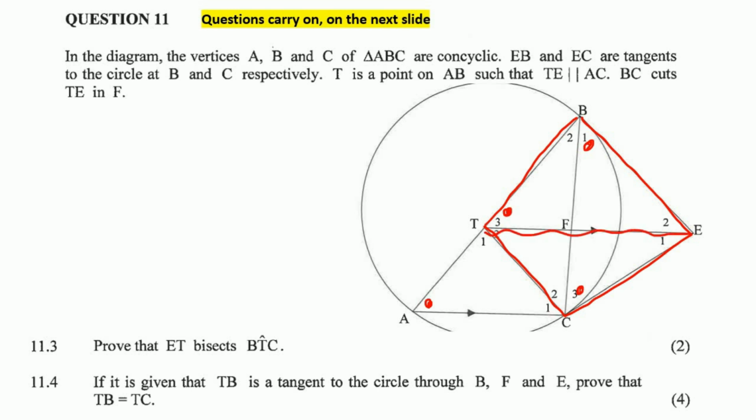ET, there you are. Okay, so ET bisects angle BTC. BTC, okay, let me get a different color. So here's BTC. So they want us to prove that this purple line bisects that green angle. So what they're actually saying is they want us to prove that these two angles, T2 and T3, are the same.